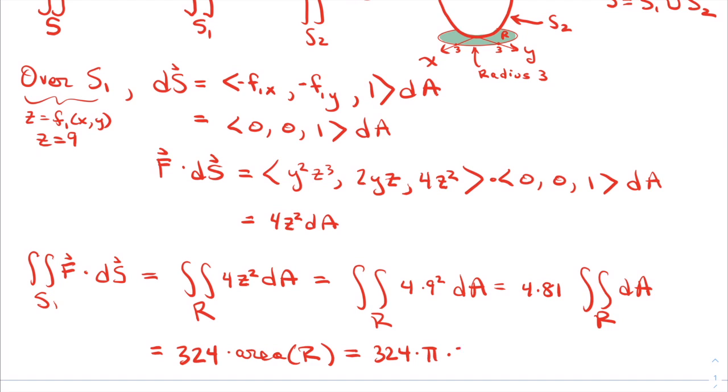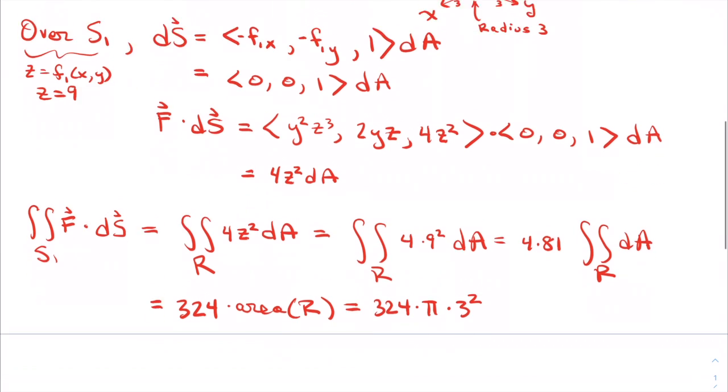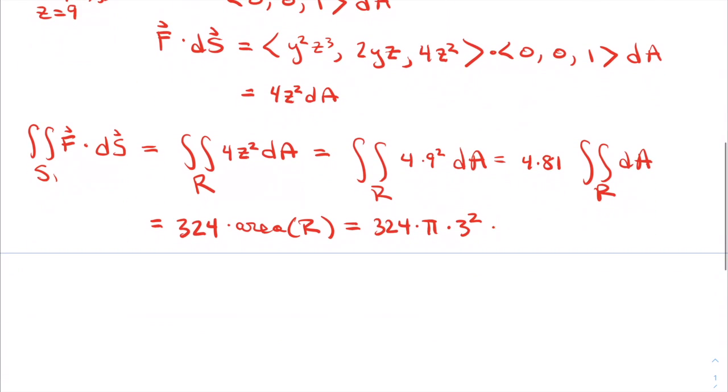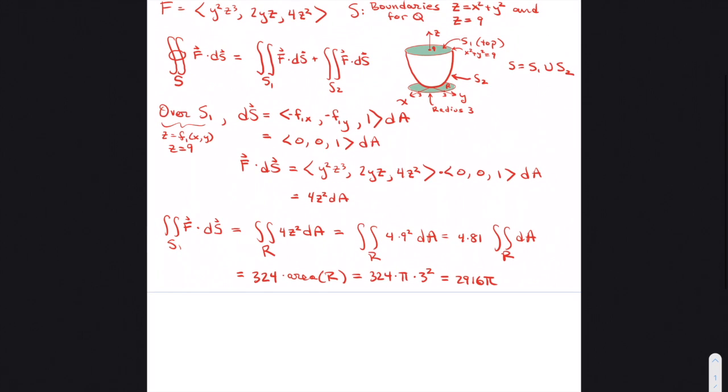So it would be pi times 3 squared, right? So what's 324 times 9? So it's 2916 pi. Okay, so that was over S1.